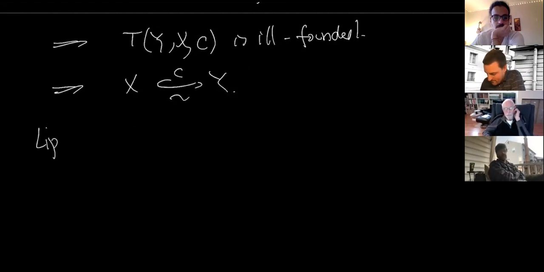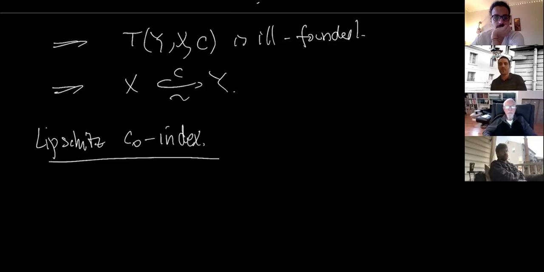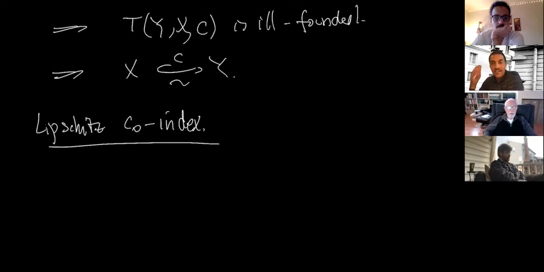Now, what about a Lipschitz C0 index? Okay, if you want to prove the Lipschitz result, looking at trees over a set, and at these finite sequences, is very natural in the linear setting.